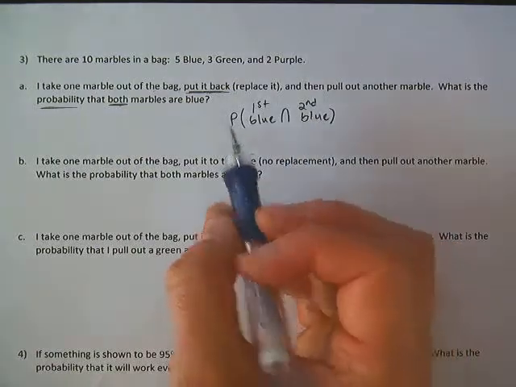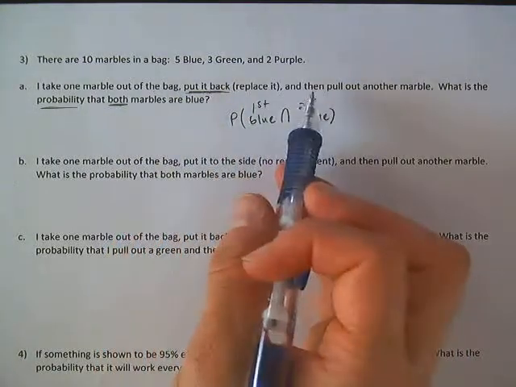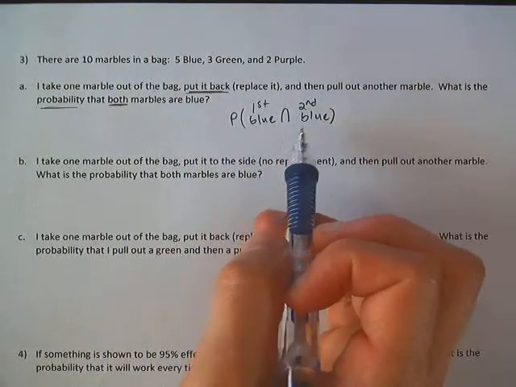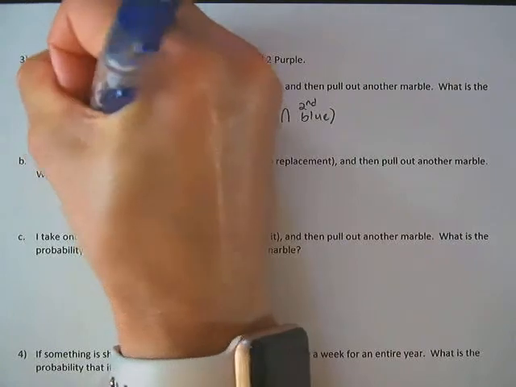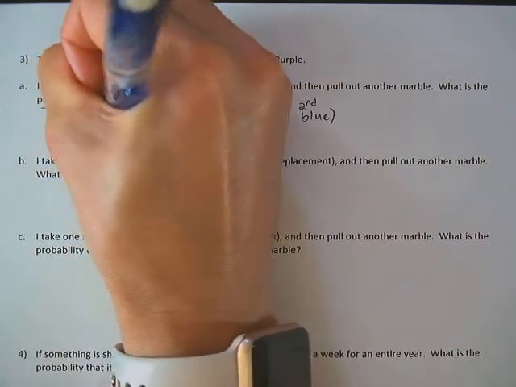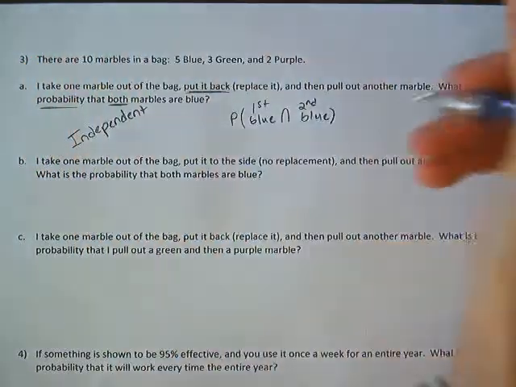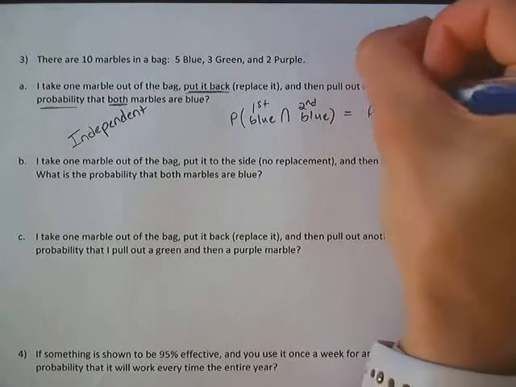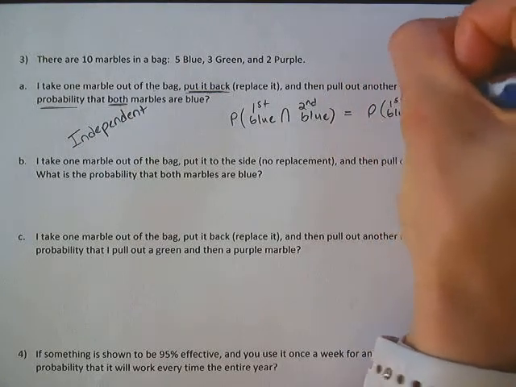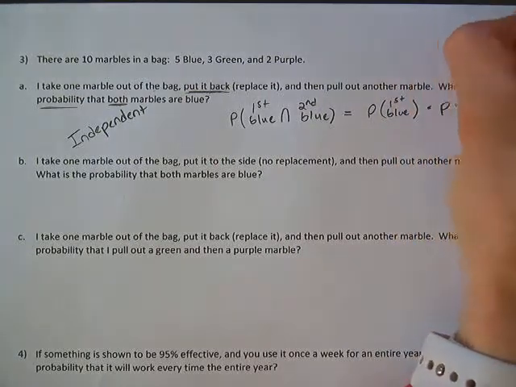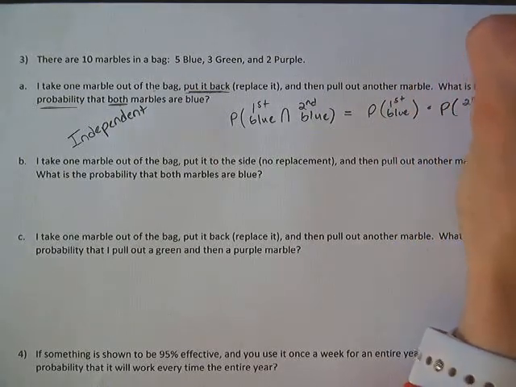And you're going to see why, okay? And so because the second marble I draw out is not really affected, these would be independent events, okay? So with that, I just have to take the probability of the first one being blue, and I have to multiply it times the probability that the second one is blue.